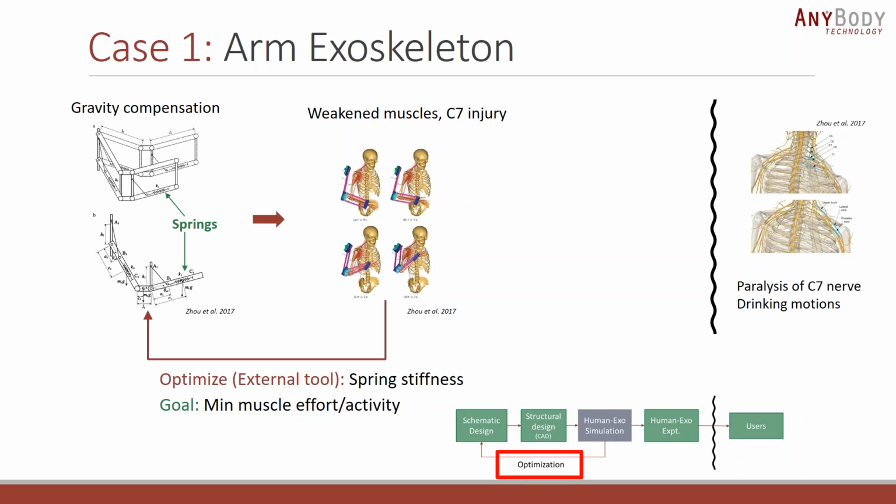So the maximum activation that can theoretically be reached is 100%, and we typically present these activations on a scale of 0 to 1. So the maximum activity would be 1. And the goal of this optimization, of course, was to minimize these muscle activities.